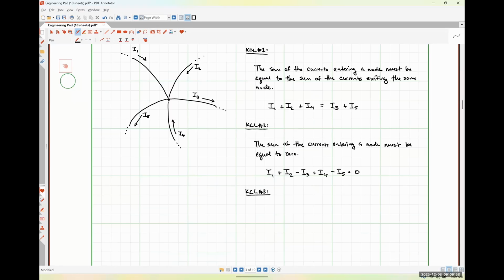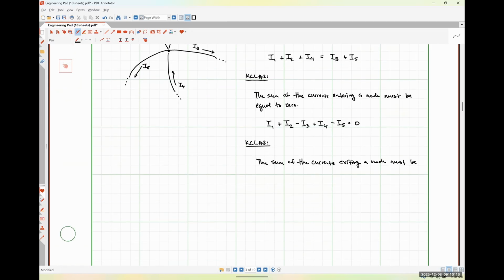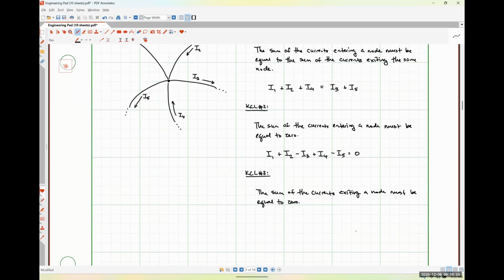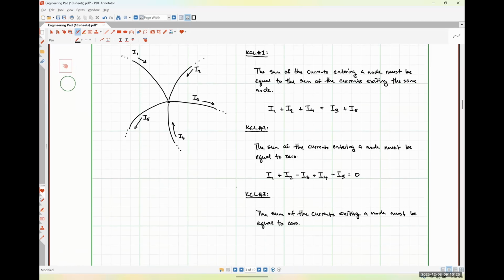So we could say the sum of the currents exiting a node must be equal to 0. So in this case, everything that's flowing in is going to get a minus sign.